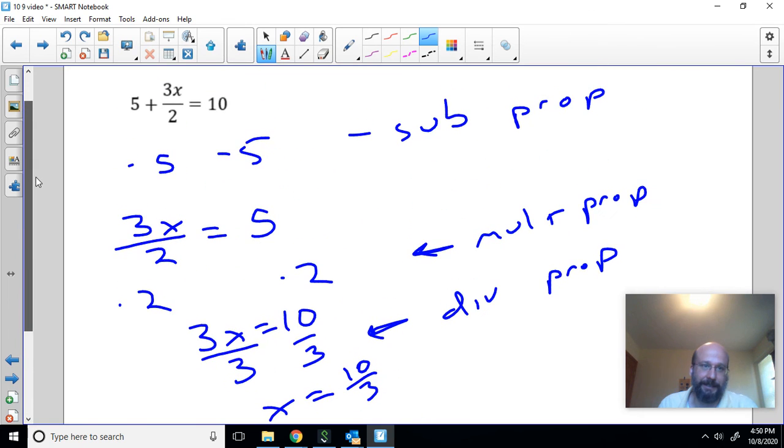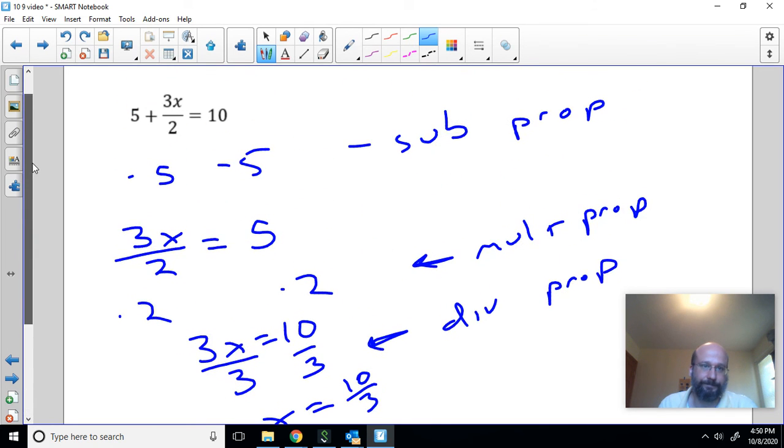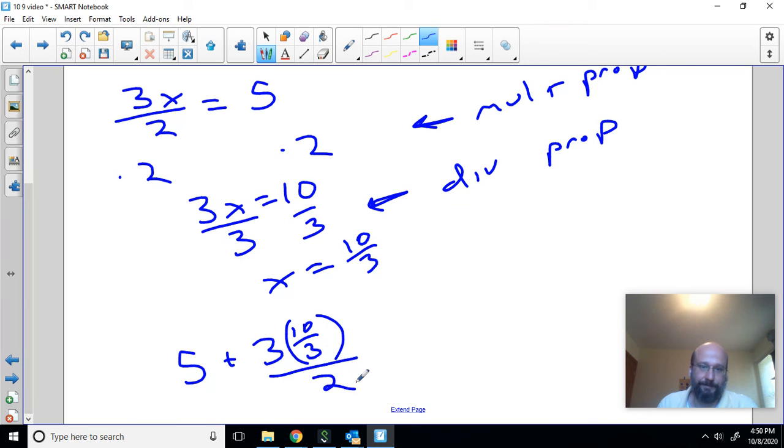Then this is the division property. So if I was checking it, I would put the 10 over 3 in for that fraction. 5 plus 3 times 10 over 3, divided by 2 equals 10.